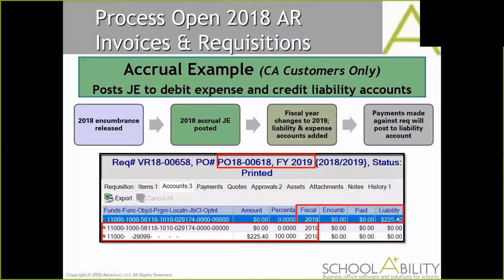So if we use that, it'll actually accrue it. Then we're saying we want the liability to post. So in this case, this is the account code that we're using for the liability. So in the new year, the requisition, when we pay it, it's actually going to pay out to that liability.